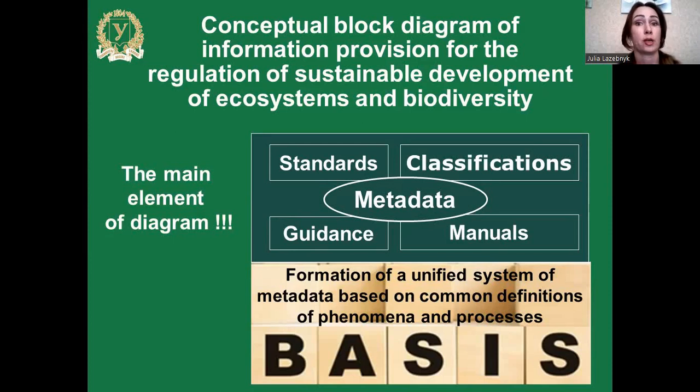It should be noted that the main phase of this diagram is the formation of a unified system of metadata that are international standards, classifications, and unified definitions of phenomena and processes that summarize modern world experience.